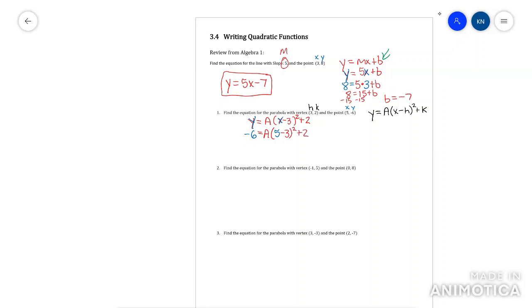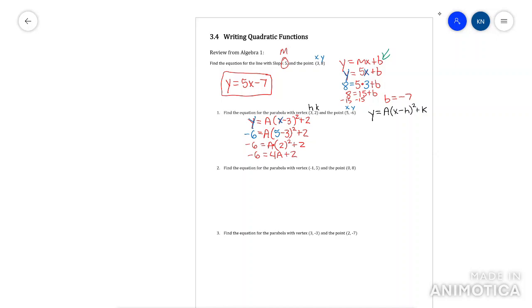And so now I just plugged in my xy and I just have to go solve this a little bit. So let's work through it. 5 minus 3 is 2. Okay, now the square comes next. So 2 squared is 4. So this part, it's a times that. So it becomes 4 times a, or a times 4, same thing. Then you have your plus 2 at the end.